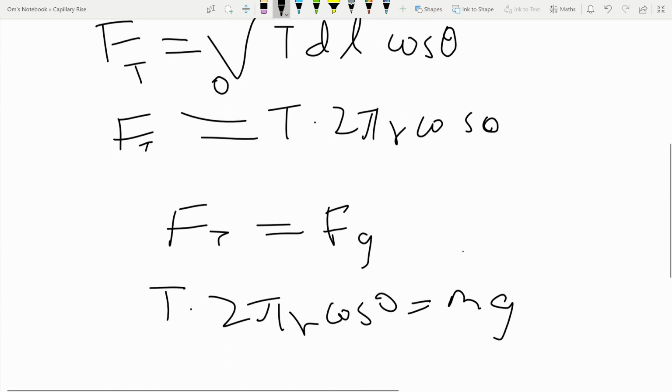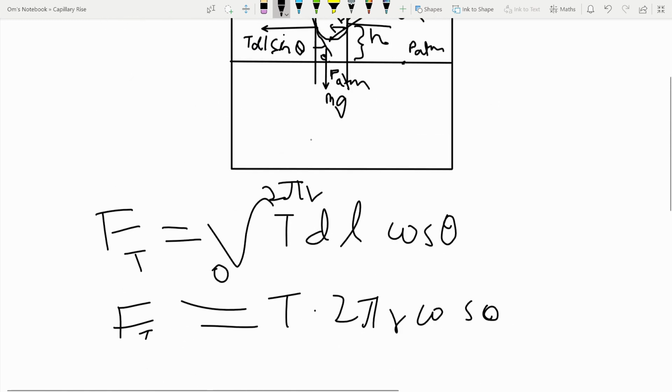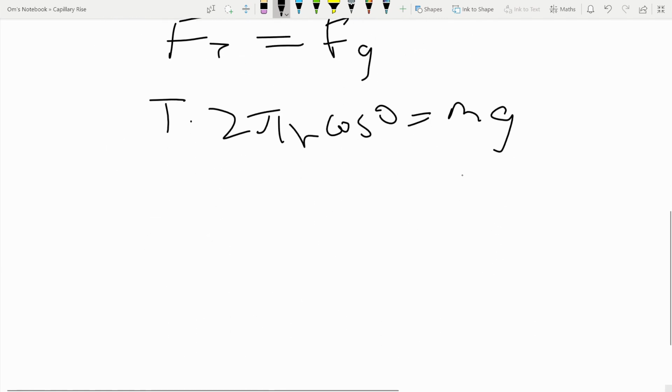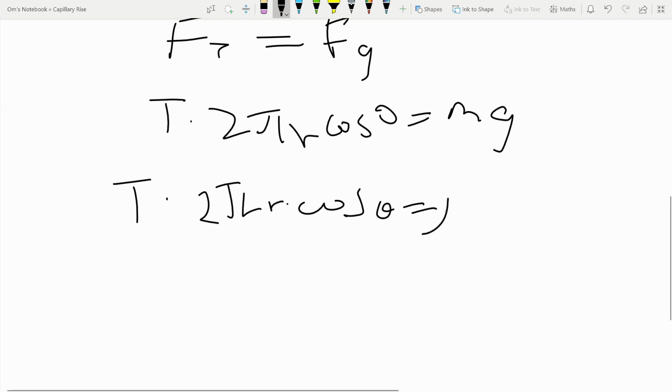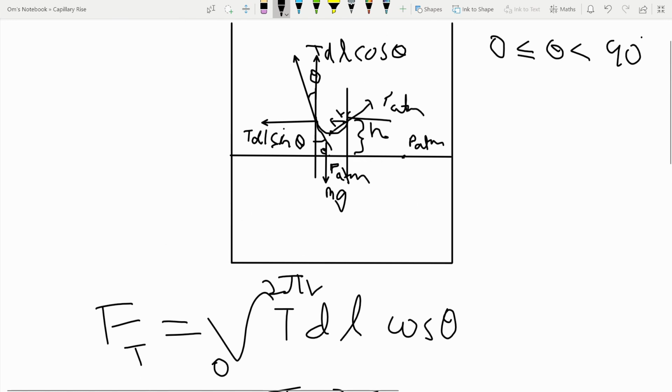We can simplify this further by writing m in terms of rho and V, so m is rho V. So T into 2 pi r into cos theta is equal to rho of the fluid, times the volume of the fluid that has been raised, times g.